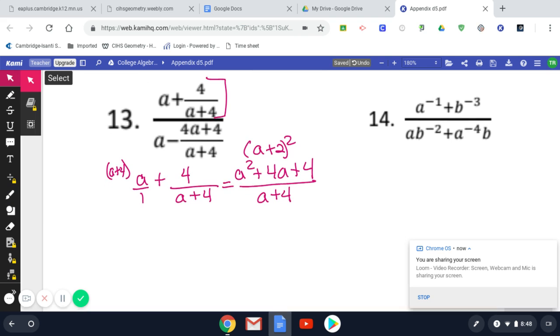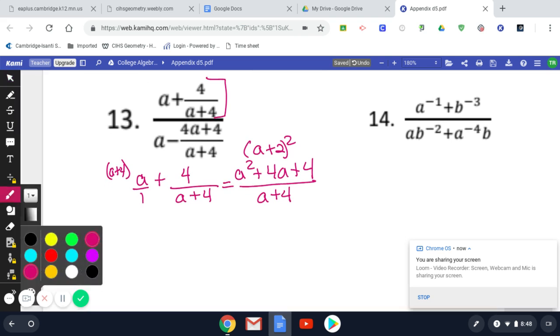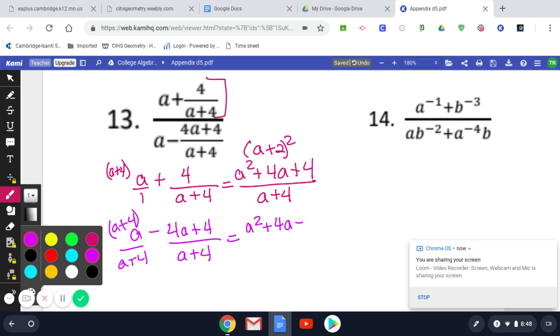Now, on my denominator, I have a minus 4a plus 4 over a plus 4. And so I need to multiply this one by the a plus 4 so that they have like denominators. So then that's going to give me a squared plus 4a minus 4a minus 4 if I subtract both parts, all over a plus 4.